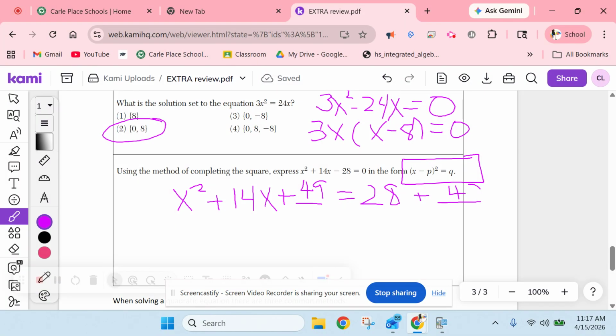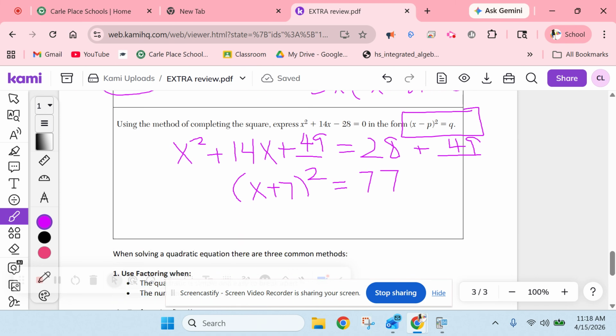That's where the x plus 7 comes from. 49 plus 28 is 77. And you're going to stop. I know that's weird, but that's what the question wants.